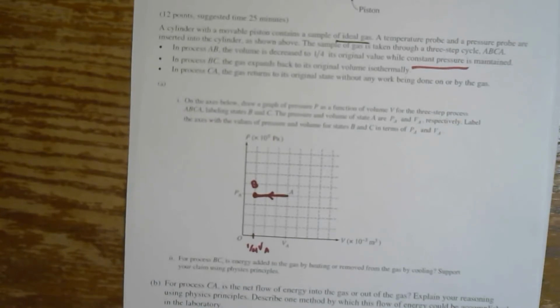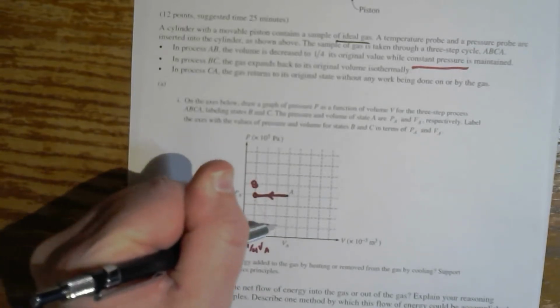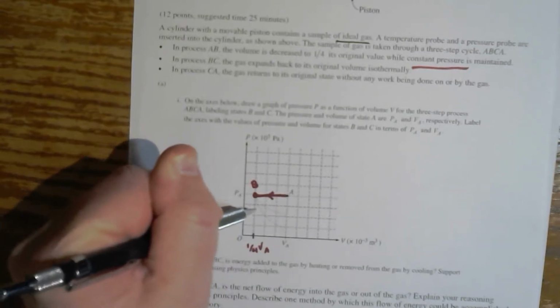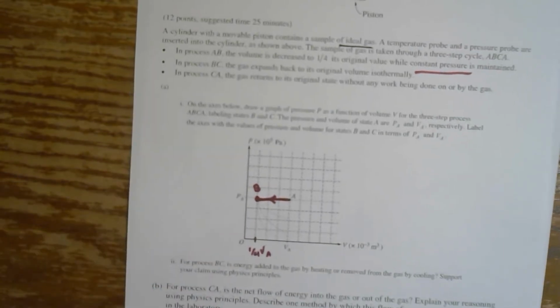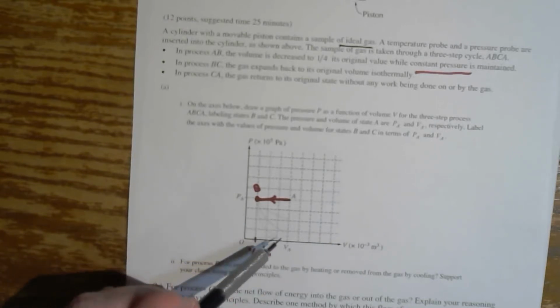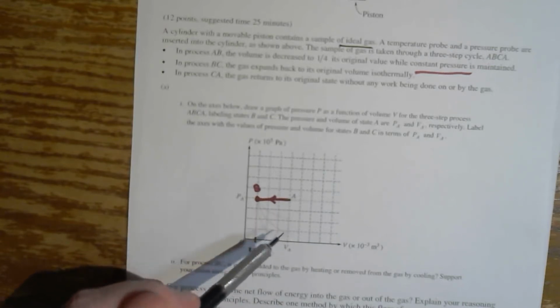Now, in the second portion, it says that we're going to return back to its original volume isothermally. So that means it's going to be some kind of a curved line that goes down and to the right. Now, we don't know exactly where it's going to end up yet, but it's going to be some kind of a curved line that goes down. So what we need to do is figure out what that final pressure will be given this specific volume.